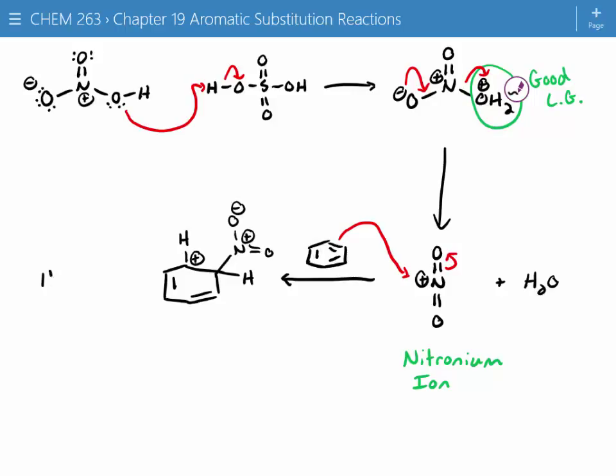And then we also can't forget about the water that's also floating around, so I'll draw the water in over here. The interesting thing with the nitro group that some people forget is if you look at the nitro group, it's got a negative charge on the oxygen, a positive charge on the nitrogen. What about this other oxygen on the nitro group? Does it have no charge?